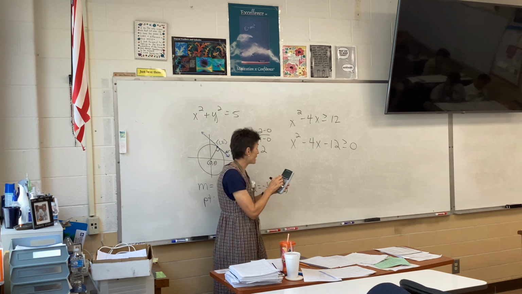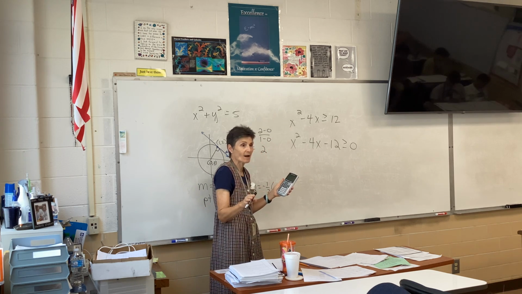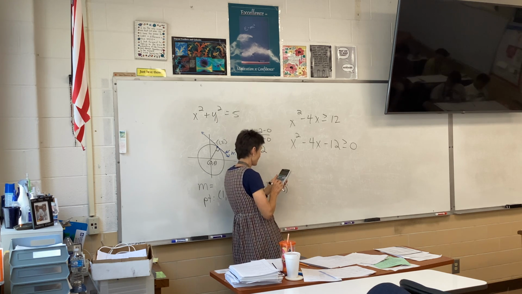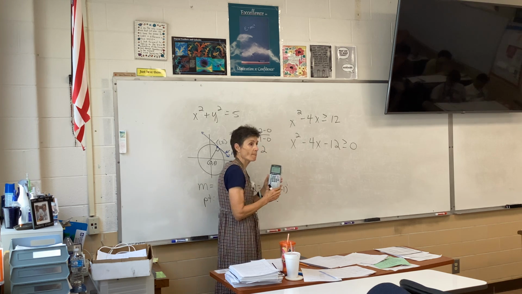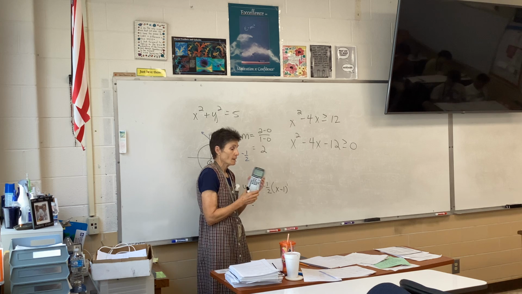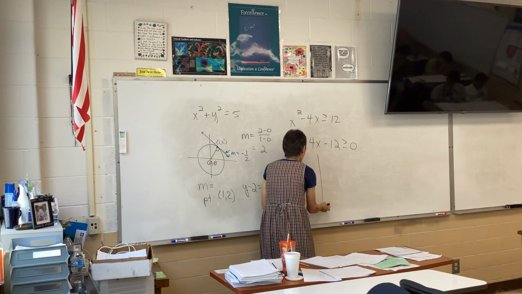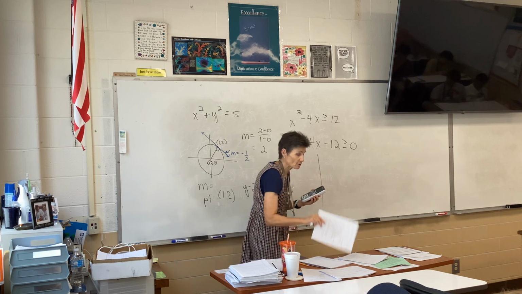Then I'm gonna go to y equals, because that's the only way I can graph things, is to go to y equals, clear out anything that's in there, x squared minus 4x minus 12. And then I'm gonna hit graph. And so notice how there's a box on there.